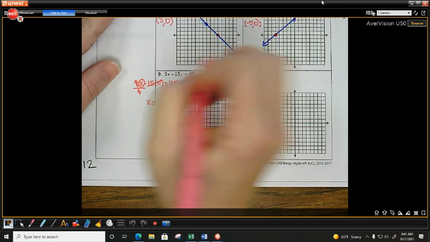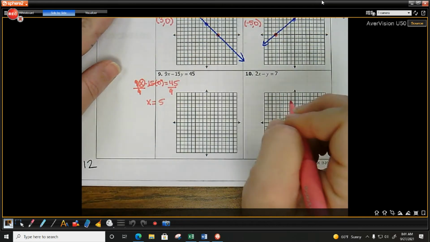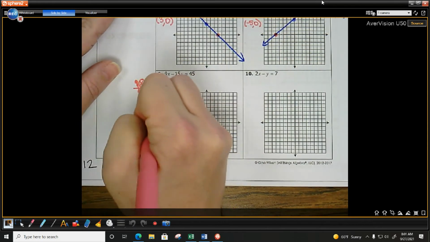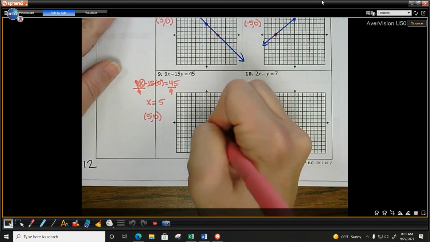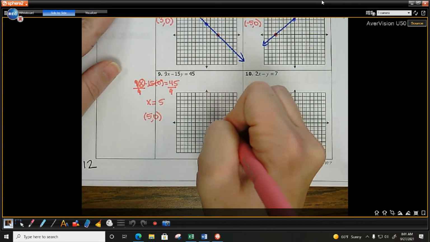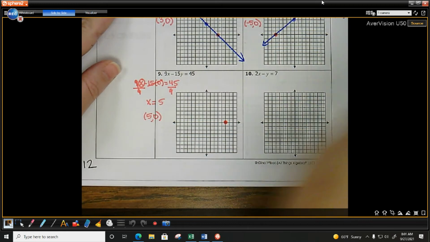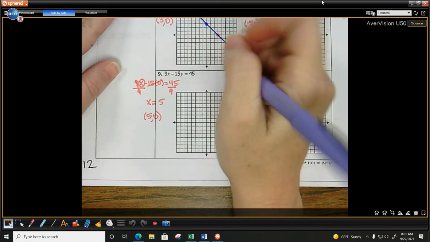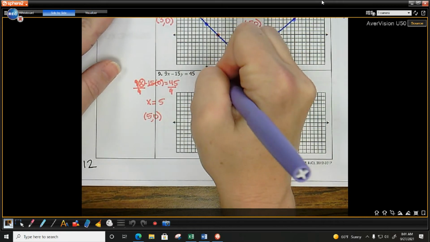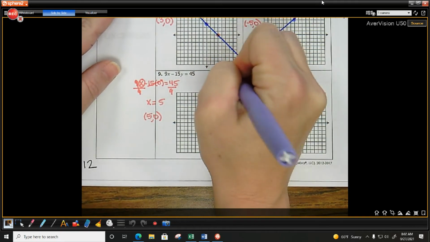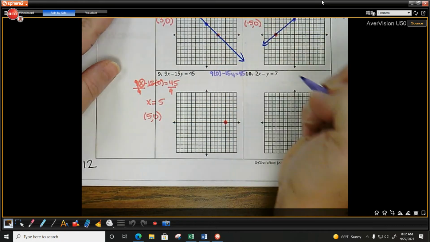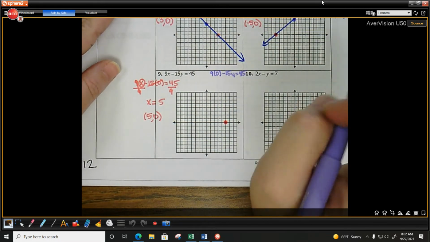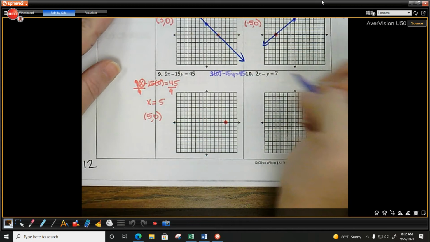How do you write that as an ordered pair? 5, 0. Go on your x-axis, put a dot at 5. Then how am I going to find my y-intercept? Replace x with 0. Well, what's 9 times 0? 0. How do I get y by itself?